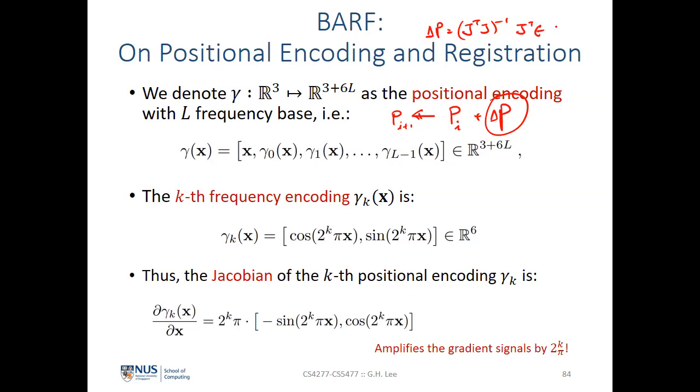So if your high frequency component is there, that means that this is going to be dominated by the high frequency components, and it's always there because you encode it this way. So the initial training would not be good, because there's no chance of minimizing the low frequency part.